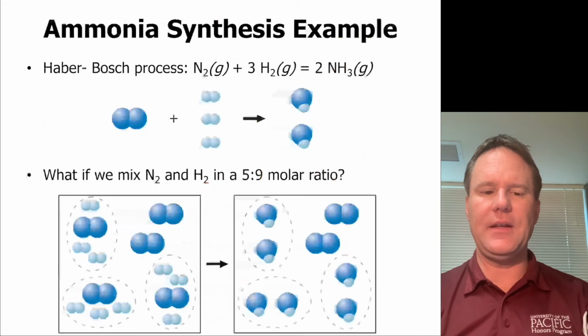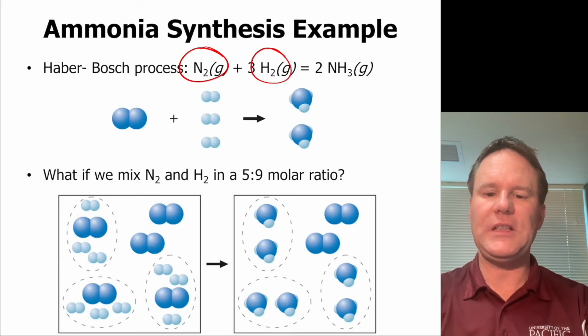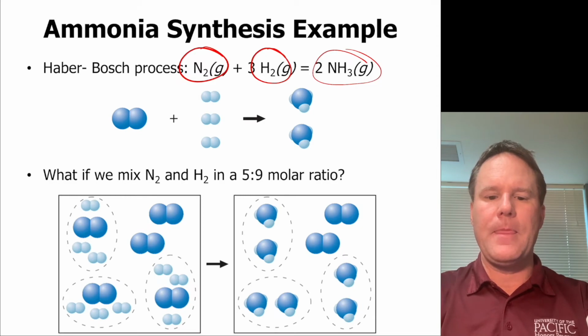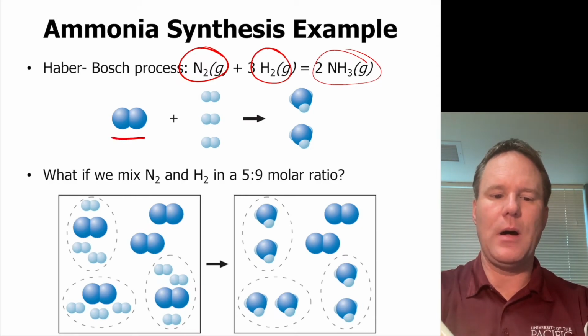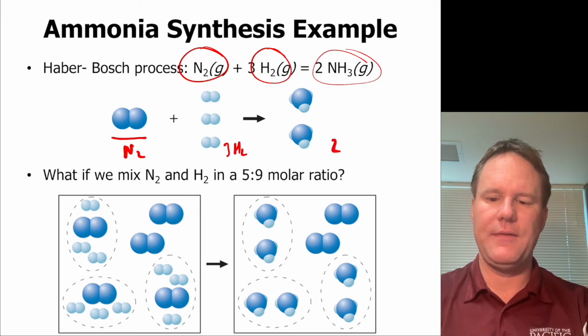So another very important process is between nitrogen and hydrogen forming ammonia. The mole ratios are 1 to 3 to 2. And that means that 1 molecule of N2 will react with 3 molecules of hydrogen, giving you 2 molecules of ammonia.